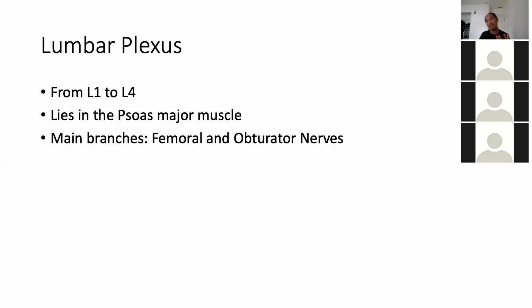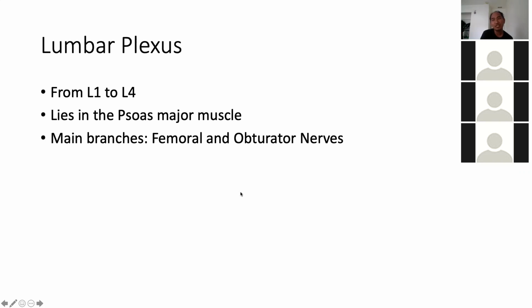Right, lumbar plexus. The lumbar plexus is formed by the anterior rami of lumbar 1, lumbar 2, lumbar 3, lumbar 4. If you want to explore as a surgeon, you need to dig around the psoas major muscle.